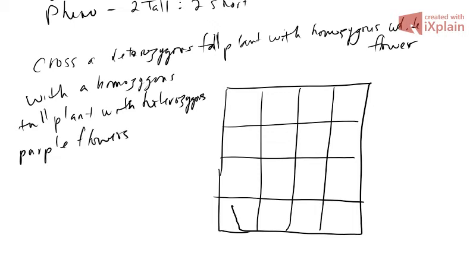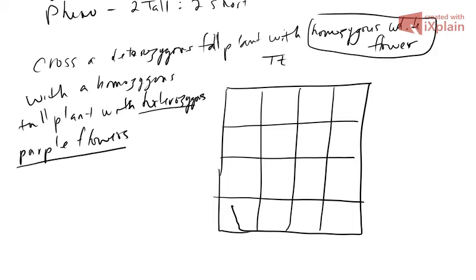Okay, first thing we need to do is figure out what the parents are. Heterozygous tall plant, so that's going to be big T, little t, with homozygous white flowers. We don't know if that's dominant or recessive, so we need to look at the heterozygous purple flowers.